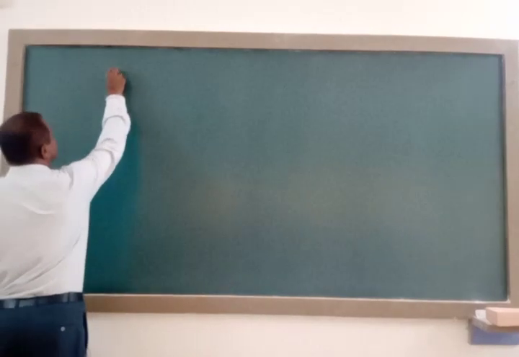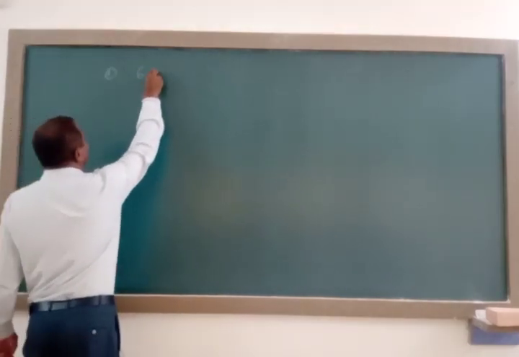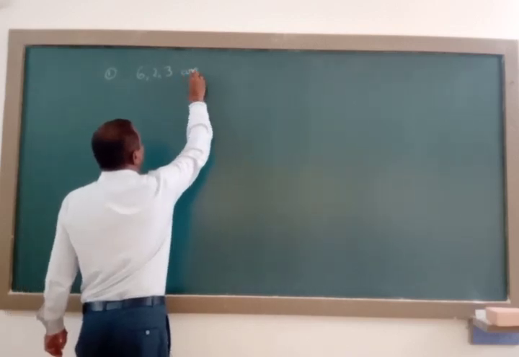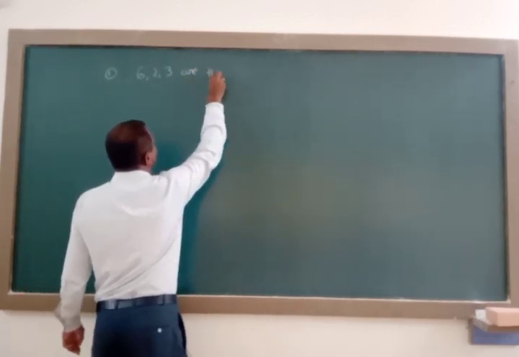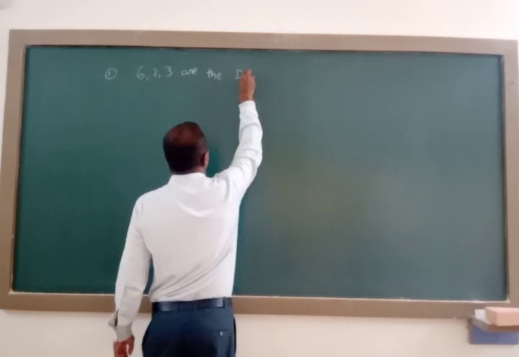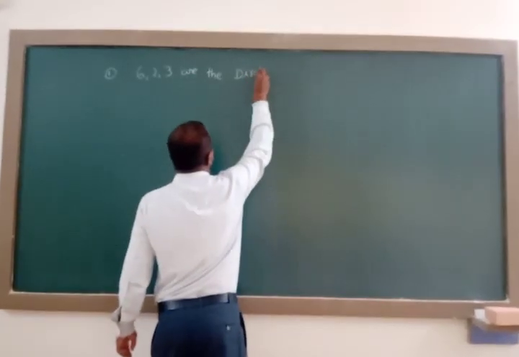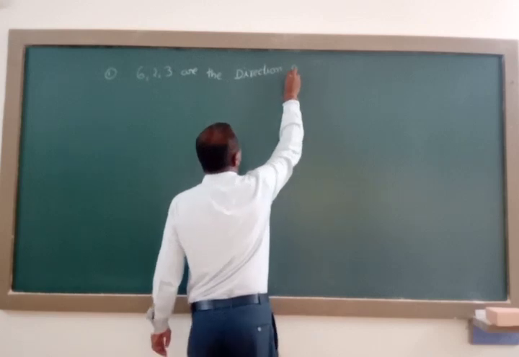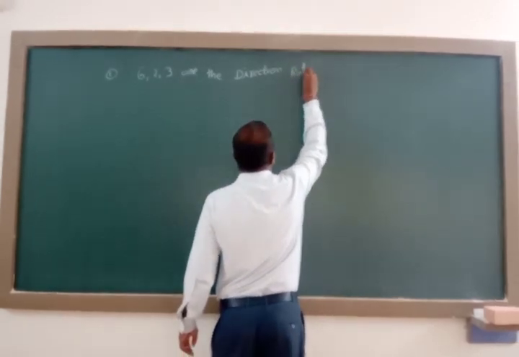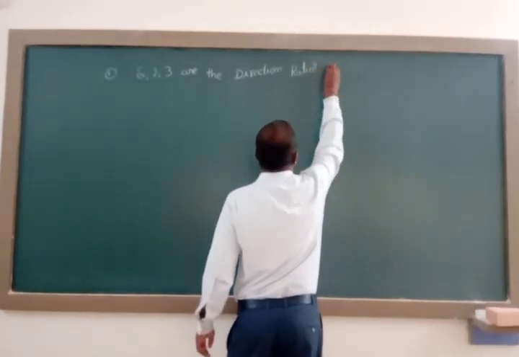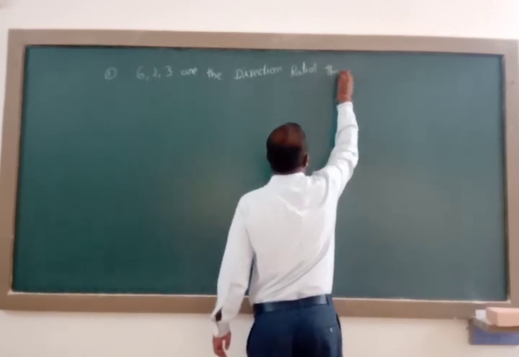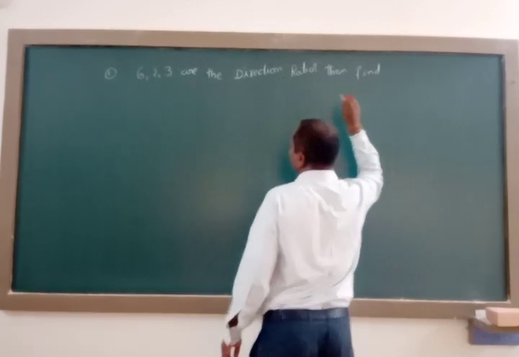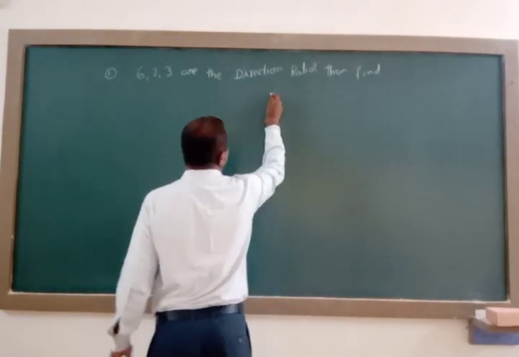if 6, 2, 3 are the direction ratios, then find the direction cosines.